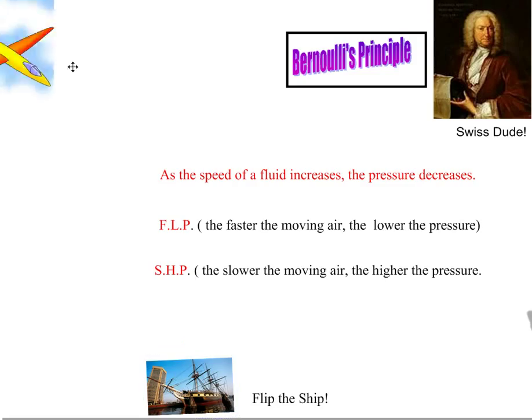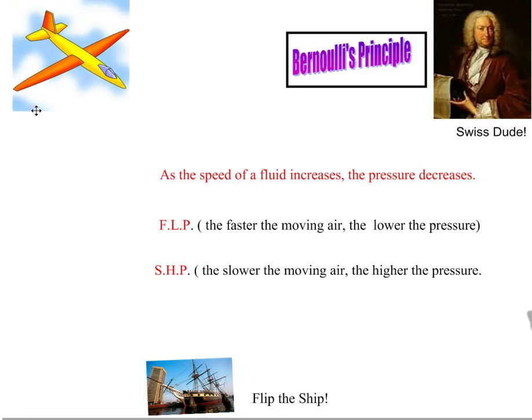Now if we take a peek at our airplane in the corner, you'll remember that we talked about the shape of the wing was an airfoil shape, and it was curved on the top and straight at the bottom. Now when we had two students try to run around a table to get to the point on the other side, we noticed the person who had to run around the curved side had to run a lot faster.